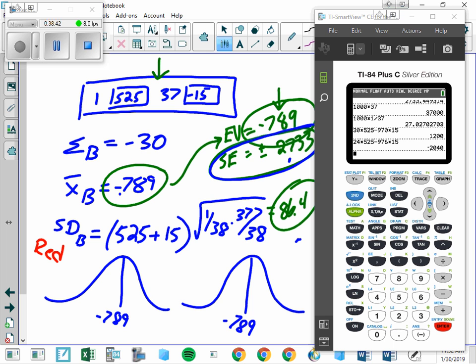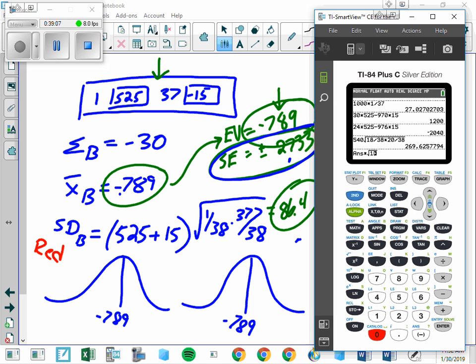Well, maybe I should figure it out. 540 times the square root of 18/38 times 20/38. And then we times that by the square root of 1,000.